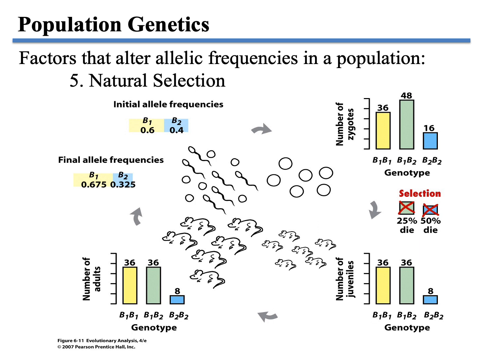So again, in the left-hand panel of this figure, you can see the initial allelic frequency in this particular population. And we continue on to be able to calculate the genotypic frequency, which is shown in the right-hand corner of the figure. However, when natural selection occurs, again, certain genotypes will have an advantage in survival or in reproduction.